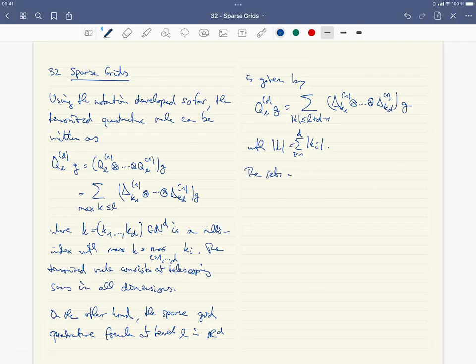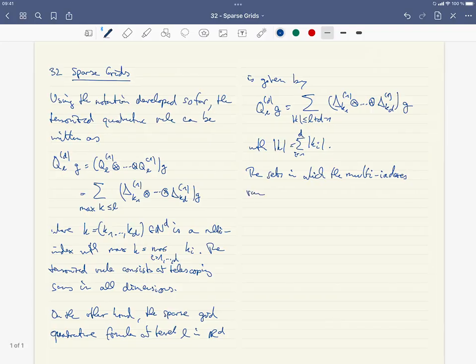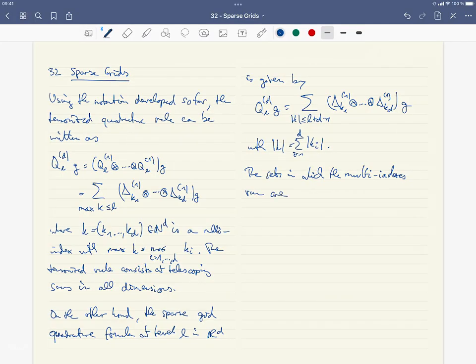So the sets in which the multi-index runs are this one, I_L for the sparse case: K in N to the D, with the sum over i from 1 to D of K_i less than or equal to L plus D minus 1.